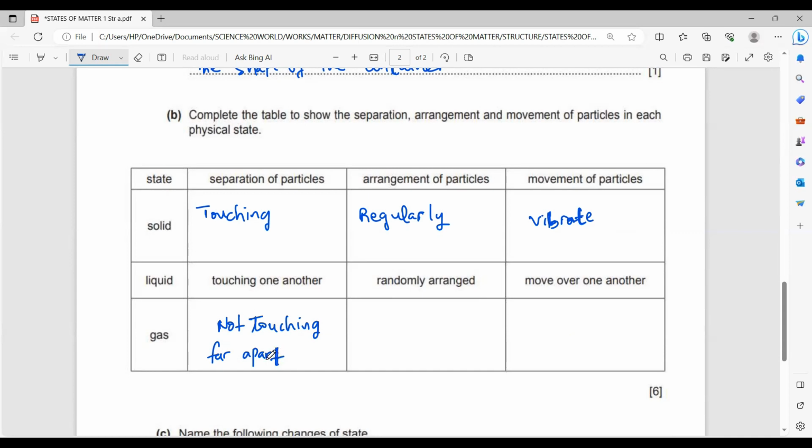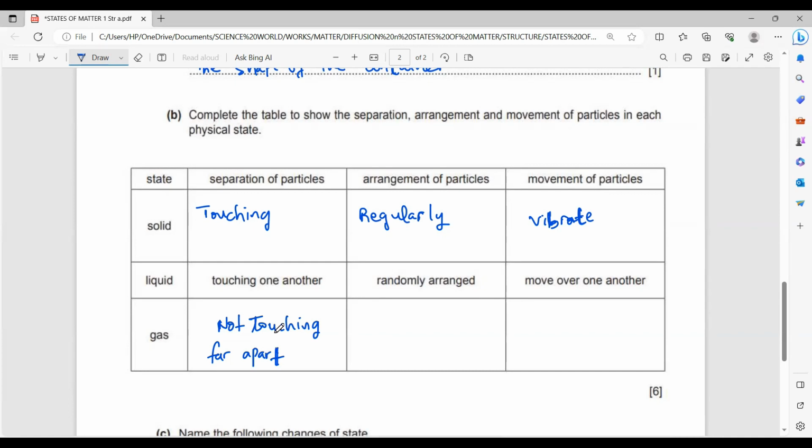Now, some of these answers are correct, but they are not actually found in the marking scheme. However, the examiner can give you a mark because you're actually right. It's preferable that you say they're not touching, but it's also correct if you say they're far apart.